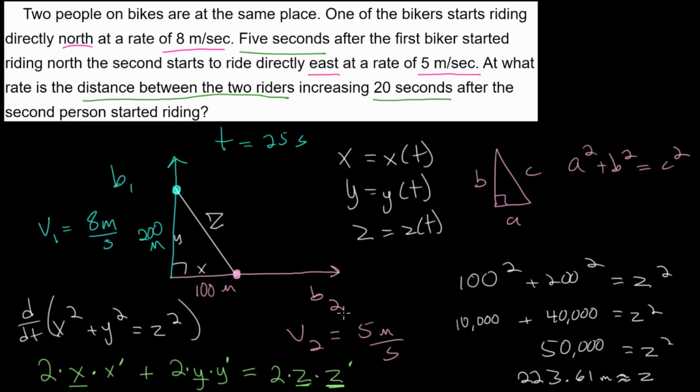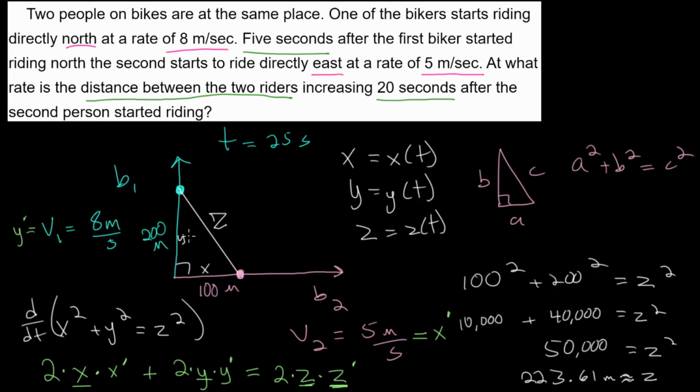That's just the velocity of biker 2, so this is also equal to x prime. And likewise, the velocity of biker 1 is really just y prime, since we're looking at this y value, this increasing value towards the north, and how it changes with respect to time. So we have all of the information. We can solve for z prime, but let's do a little bit of simplification first.